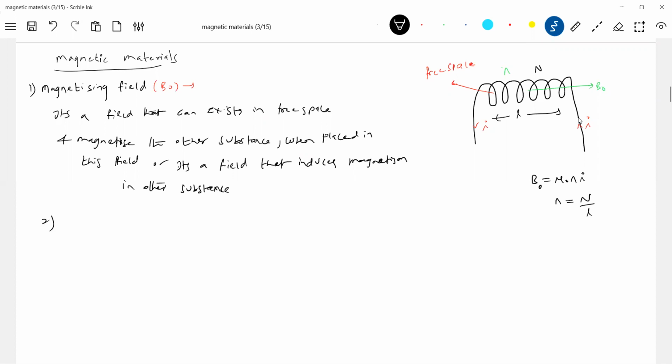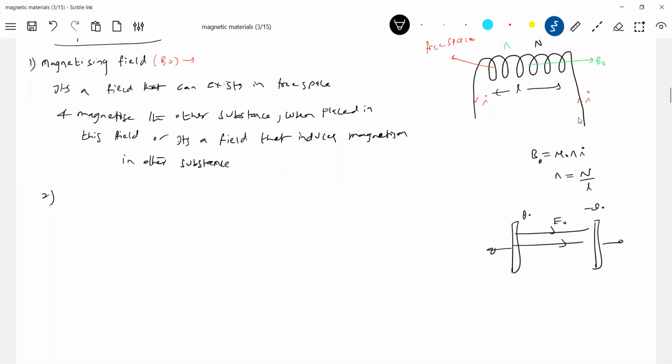Okay, after this, what do you mean by magnetic induction? Go back to electrostatics. There are capacitor plates. Just correlate things, it's a little easier for you. There's an E naught, no? Now I'll bring a dielectric slab.